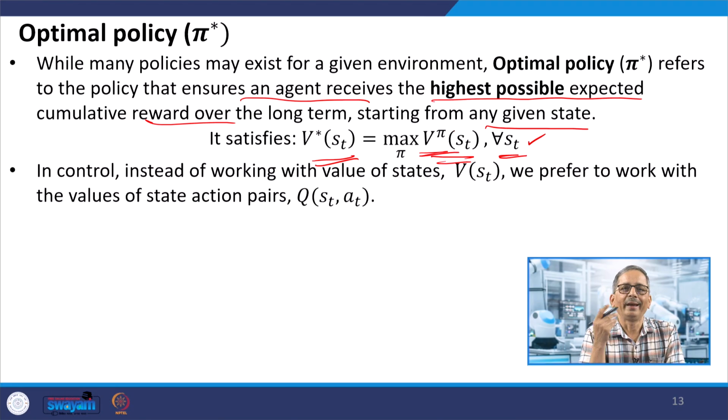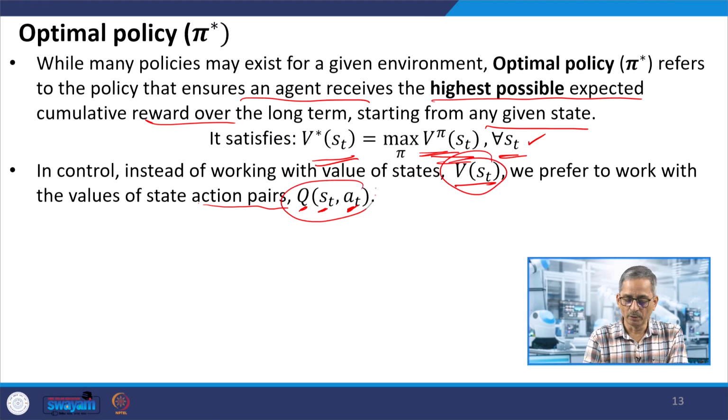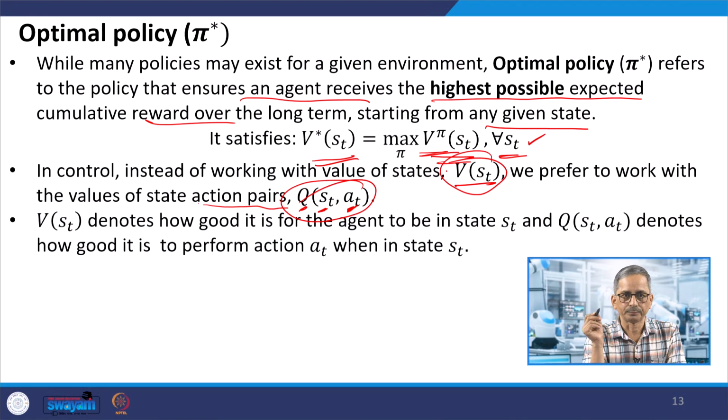Now in control, instead of working with the value of a state, that is V(s_t), we prefer to work with the values of the state-action pair, that is, you have a state and an action, and this is represented as Q. So in control systems we prefer working with Q rather than V. V denotes how good it is for the agent to be in a state s_t, and Q(s_t, a_t) denotes how good it is to perform action a_t when in state s_t.